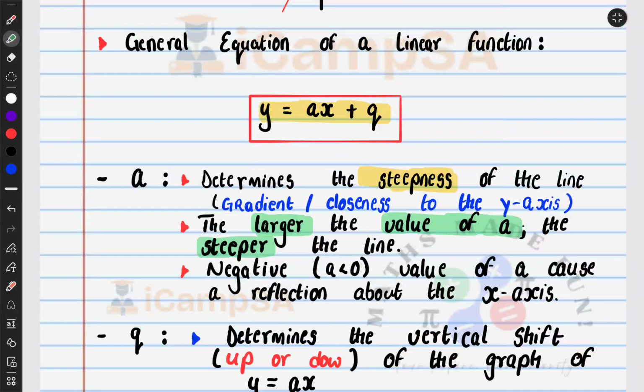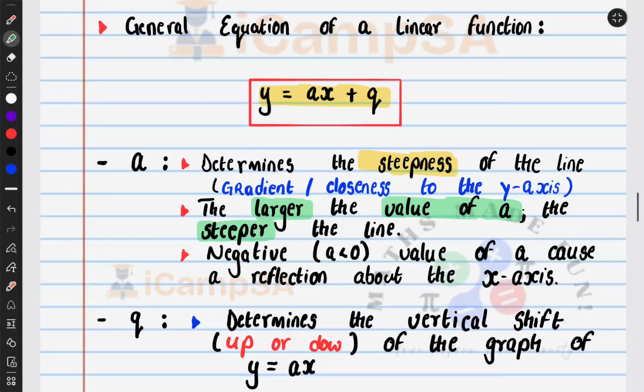Okay, and then what is the next thing that the value of a does to the function? If we now introduce a negative value of a, whereby a is less than 0, maybe say a is -1, that coefficient of x will cause a reflection about the x-axis.